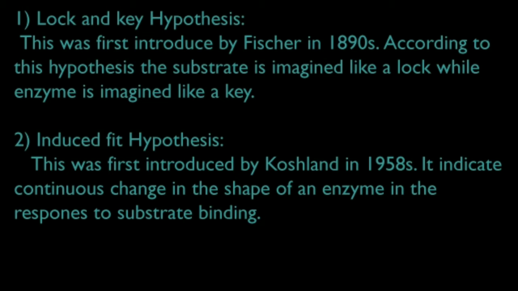According to this hypothesis, the substrate is imagined like a lock while the enzyme is imagined like a key, as one specific key can open only a specific lock. Similarly, a specific enzyme can break down only one specific substrate. The active site is regarded as a rigid structure that does not modify or change during the reaction process.